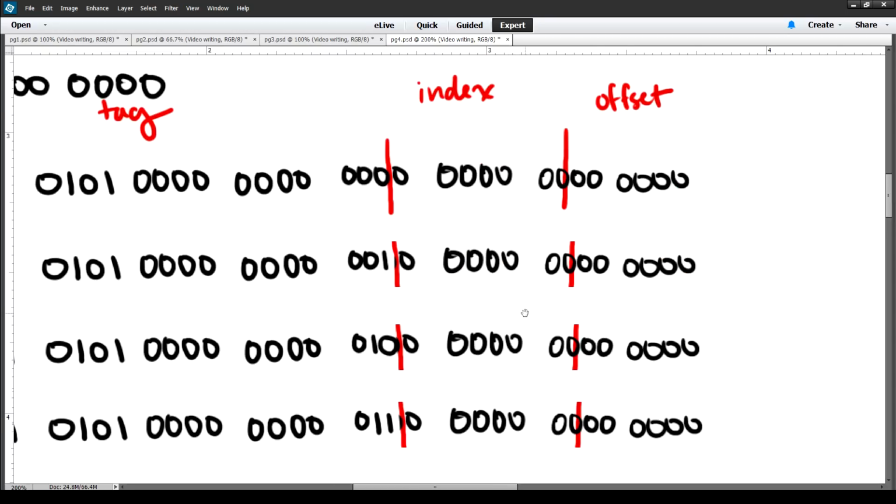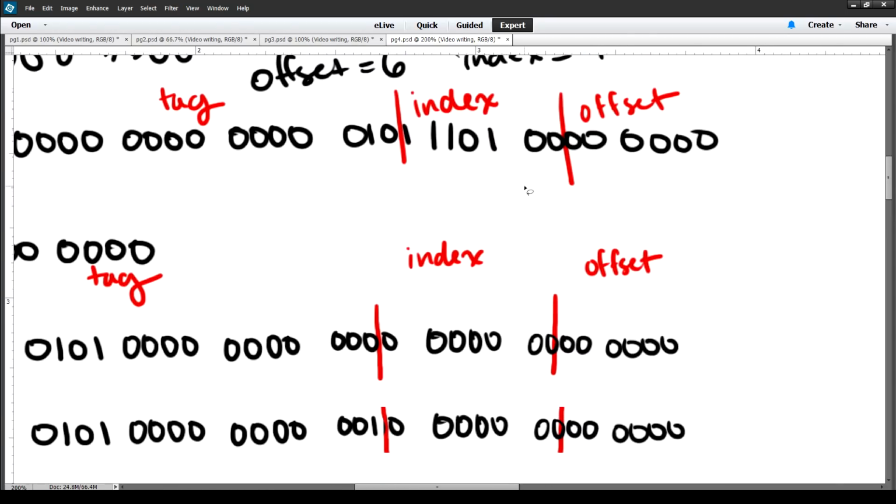We know that the index bits have to remain the same as this up here, 11101000.